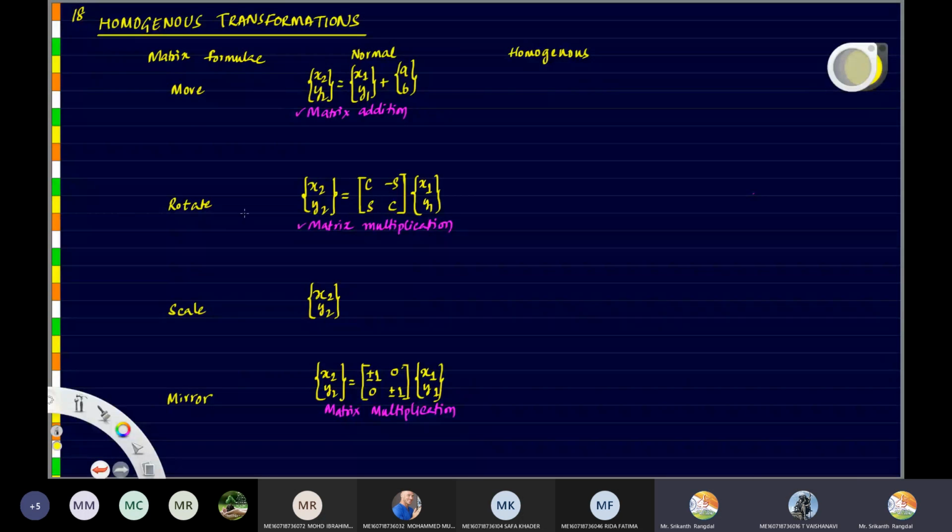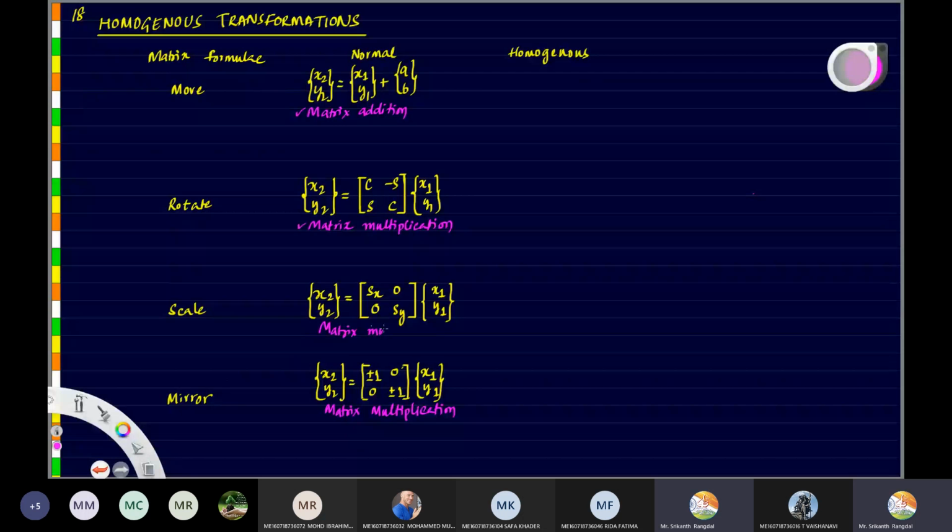Okay. So we have x2, y2. What is the formula for scaling? X1, y1, of course, the initial points. So we have to multiply this with some matrix. What is the matrix? X, Y, and these are zeros. So once again, what is the kind of mathematics involved here?